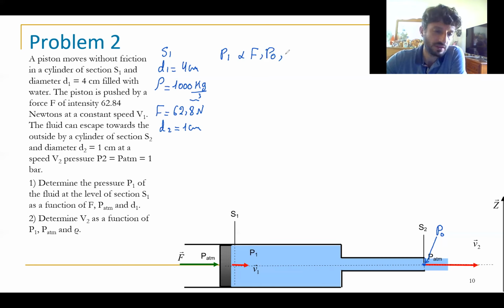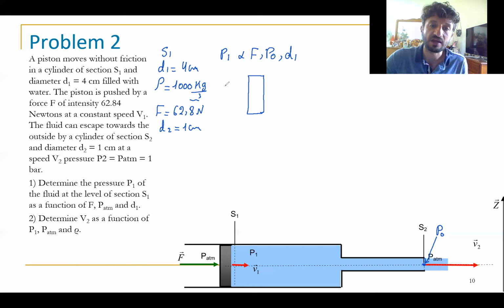Here we have a dynamic fluid configuration. We have two equations to use: the Bernoulli equation and the continuity equation. But here, we have to calculate P1 as a function of F, so we can calculate it directly by applying Newton's second law. We have a piston.